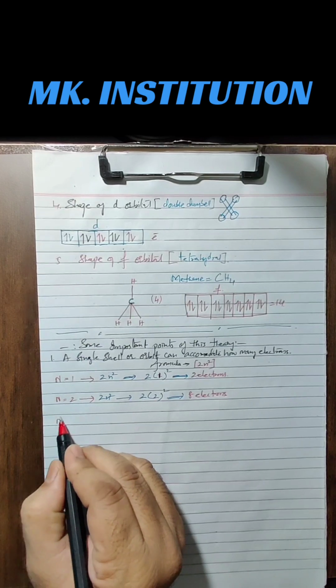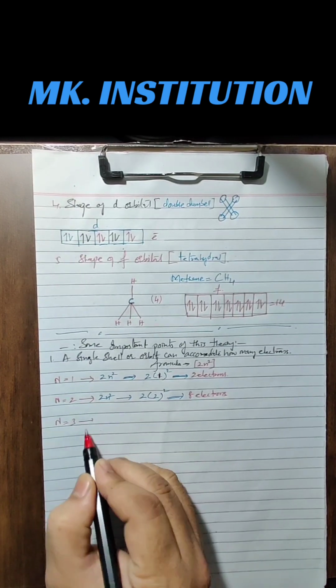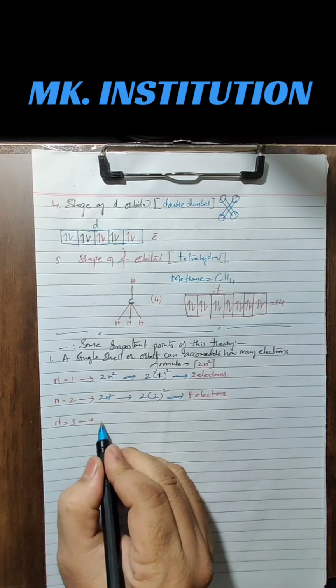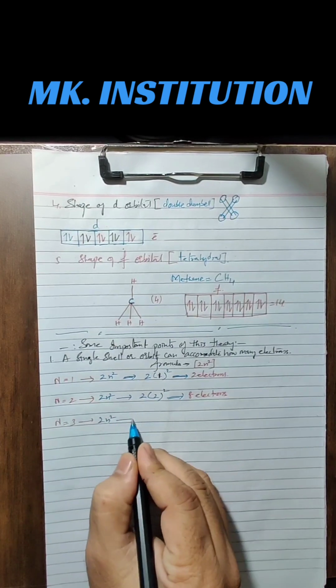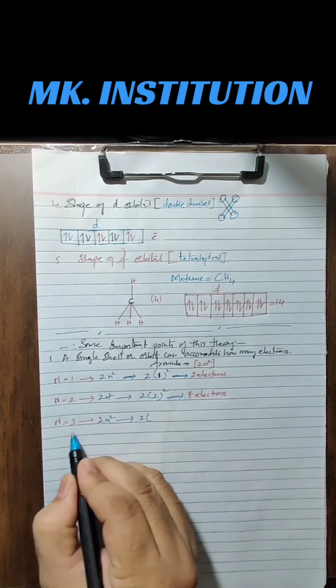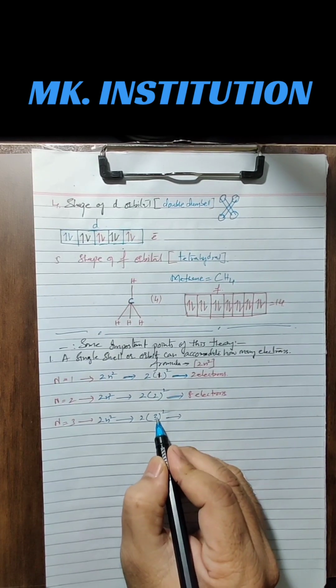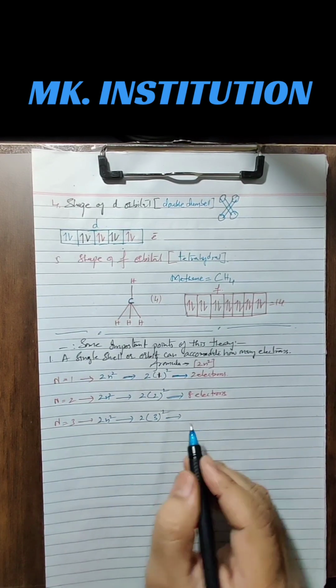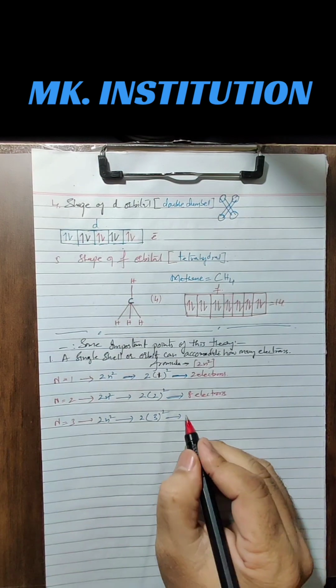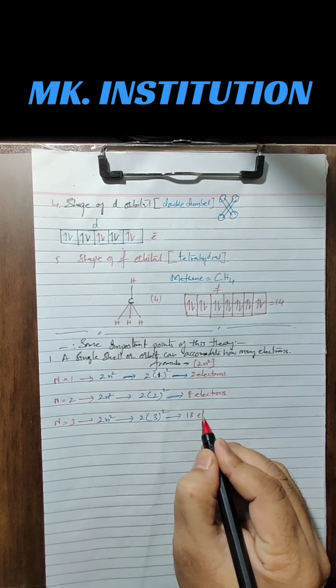Now the third one, quantum number 3. Same formula, 2n square: 2 into 3 square. 3 threes are 9, 9 twos are 18. 18 electrons can be accommodated here.